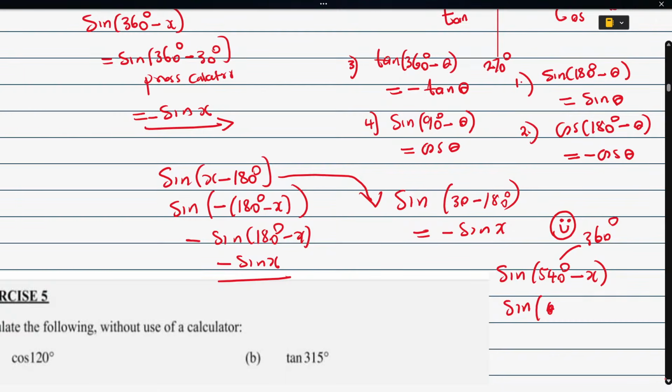Then you're going to get what? I think it's 180. So this will be 180 minus x. Then you do your magic of putting 30 where there is x like you normally do. Therefore, the answer will be sine x. This is the second quadrant.